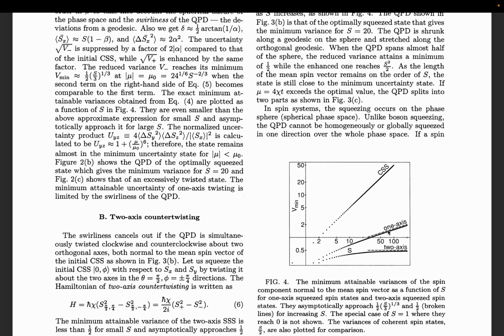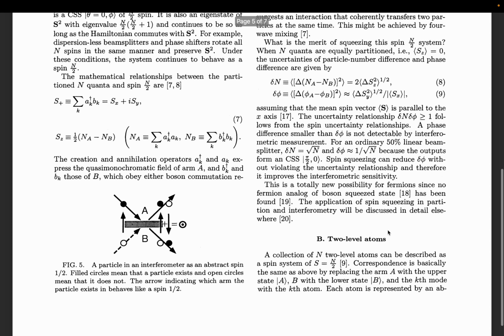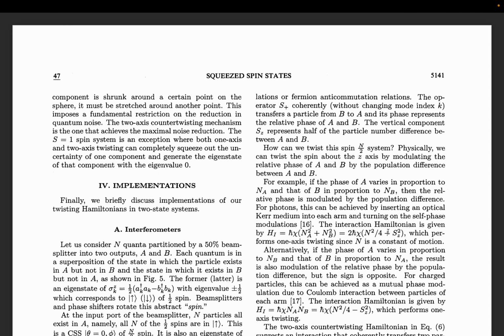The next question is how to implement these one-axis and two-axis twistings in experiments. One application is in an interferometer.